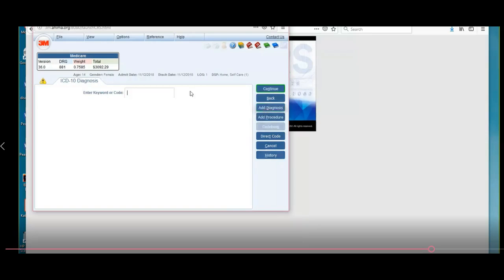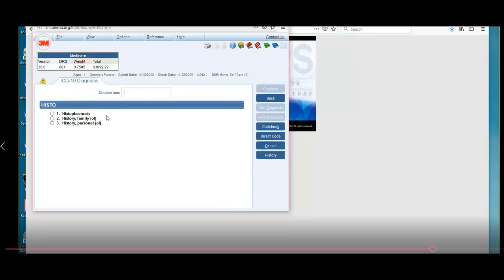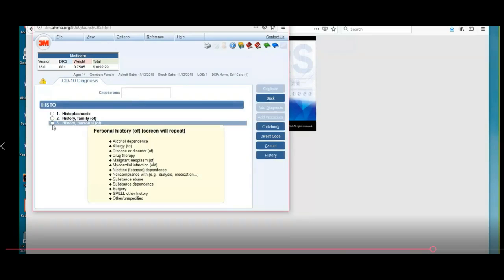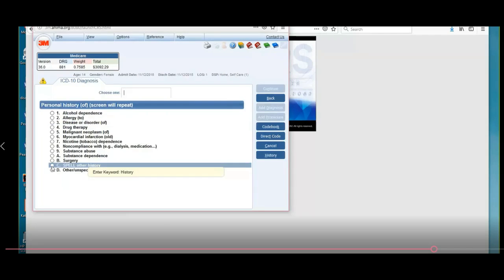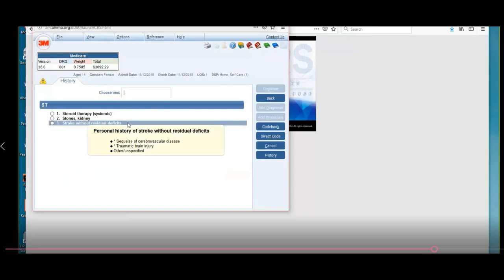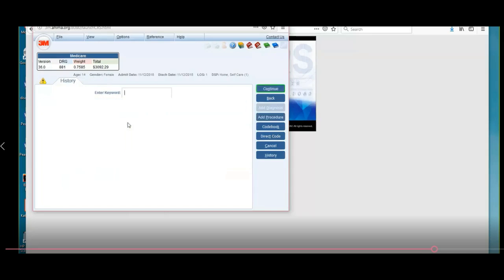And then we want to do the patient's history of the stress reactions. So again, we're going to do history and then personal. And then I'm going to try to spell stress, it didn't come up.